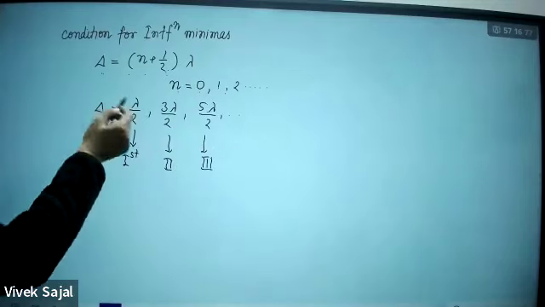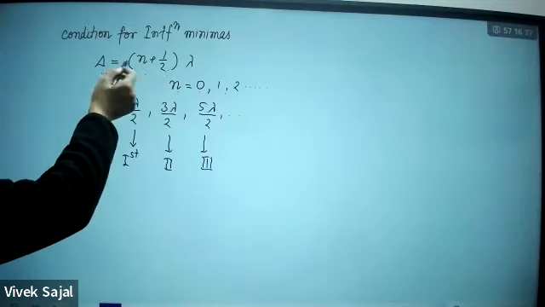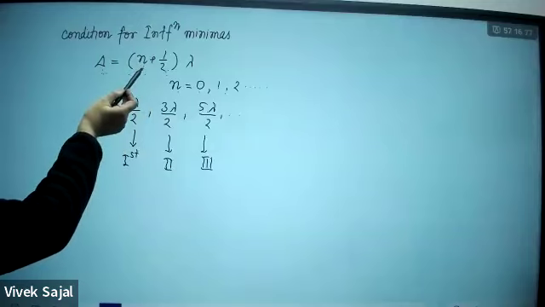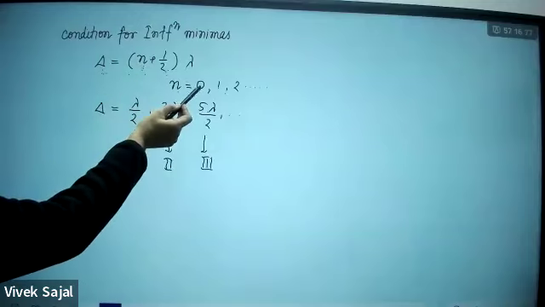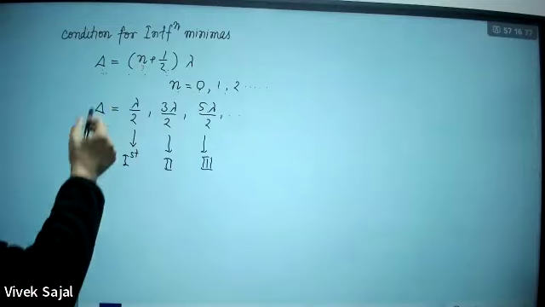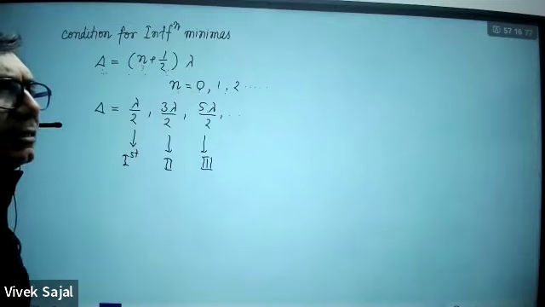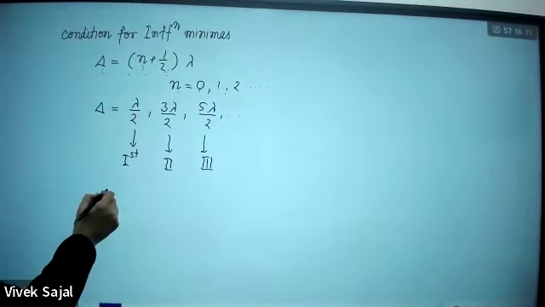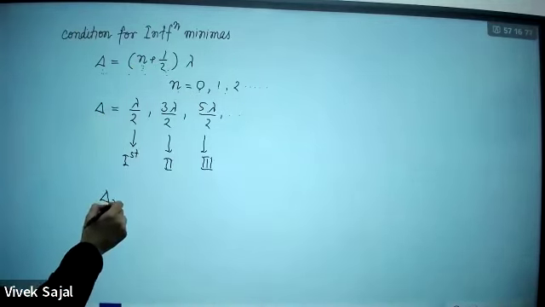Now, what will be the position of any? If you are writing 0, this is actually the n plus 1th minima, order minima. I'm not going into the order, you know it.